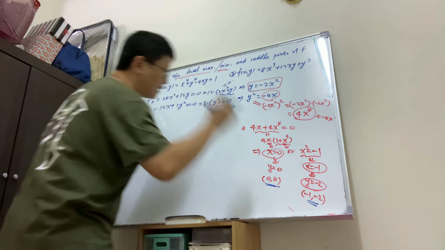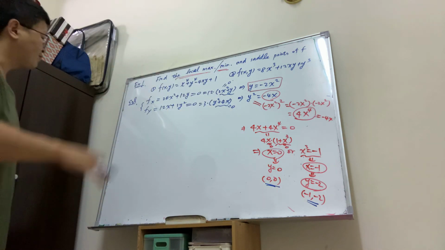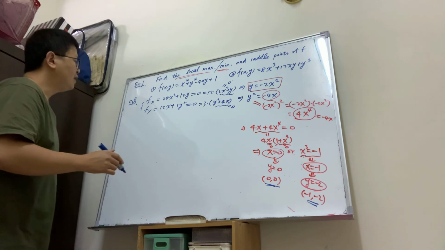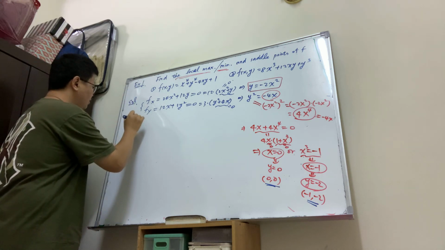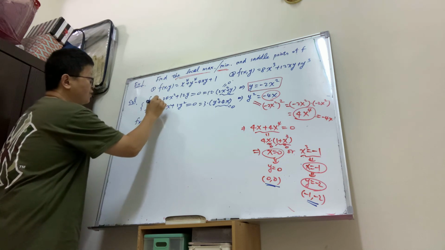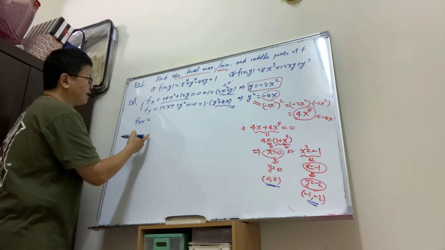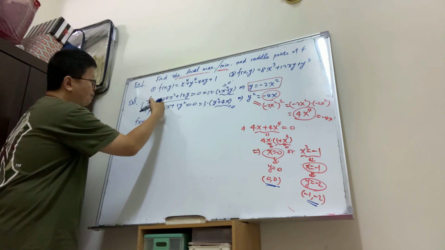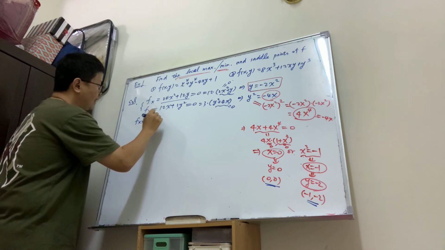And then we should plug into the determinant. For the determinant, you should consider the second derivatives. So consider fxx: its partial derivative by x, you will get 48x.